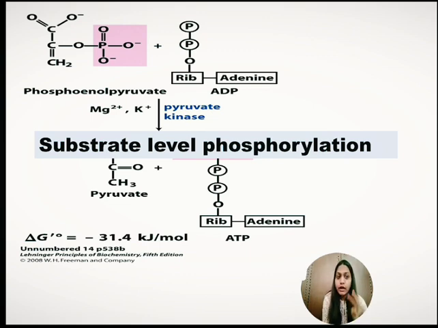In total, there are two substrate level phosphorylation steps in glycolysis. One is while converting 1,3-bisphosphoglycerate to 3-phosphoglycerate, and the other is the last step, the conversion of PEP to pyruvate, right? And this completes glycolysis. So in total, one glucose molecule is converted to two pyruvate molecules, right?